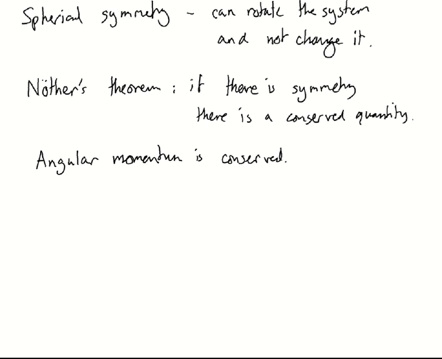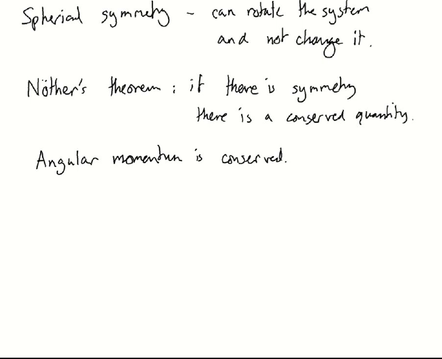Now, angular momentum is a vector, i.e., it's got direction as well. It's not just a scalar quantity. And if a vector is conserved, that means its direction is conserved.